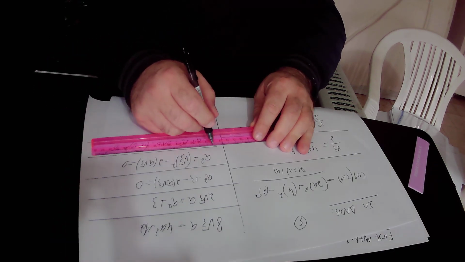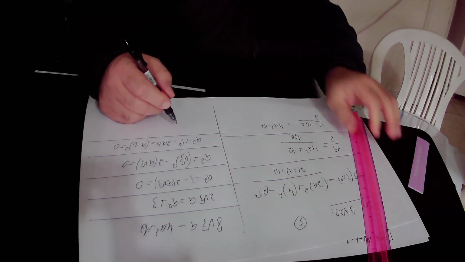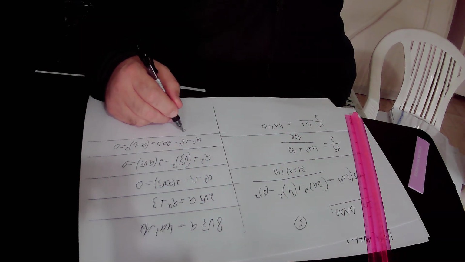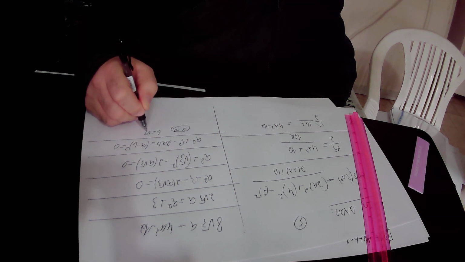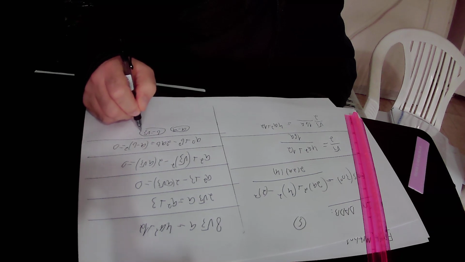In our specific equation, a equals A and b equals square root of 3 units.